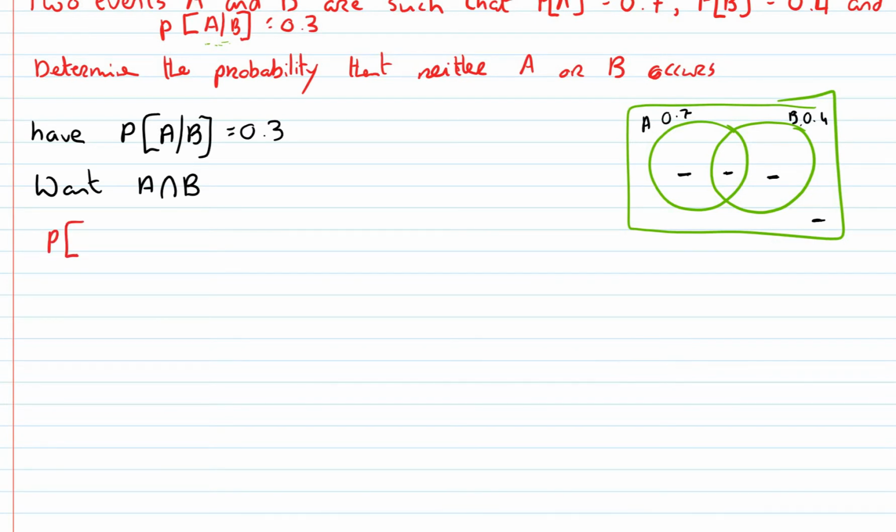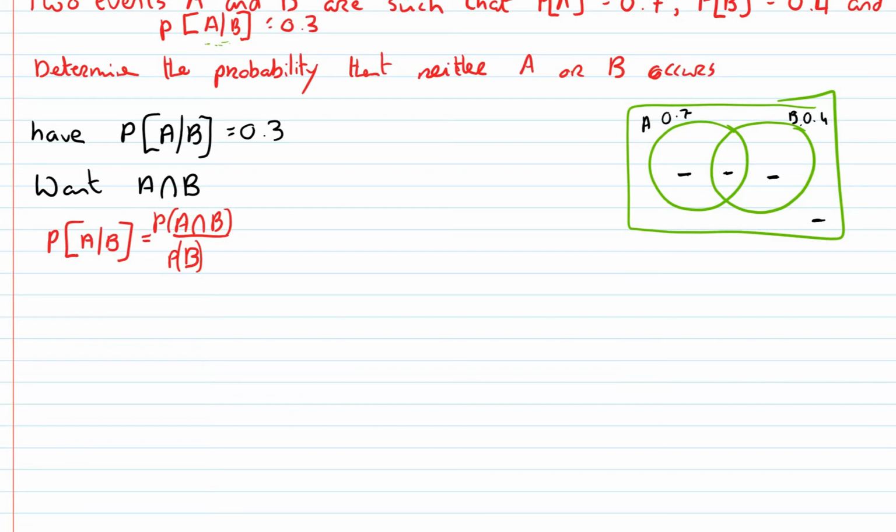The probability of A given B equals A intersection B all over the probability of B. I don't know what this is, but I do know what this is, and I do know what this is.